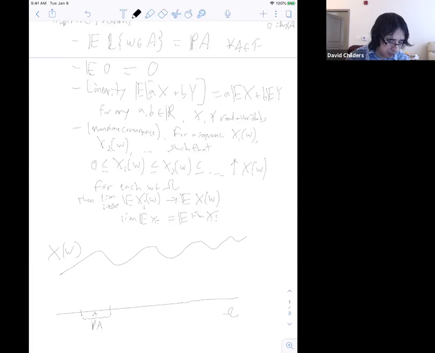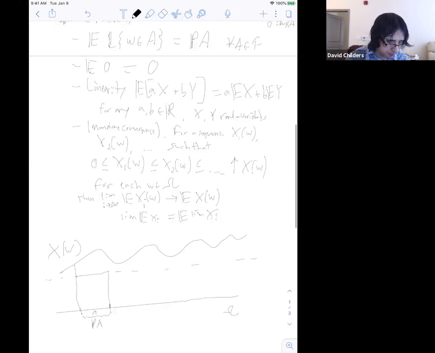If we take an indicator variable, so that's a variable of height 1, then the measure of this is 1.